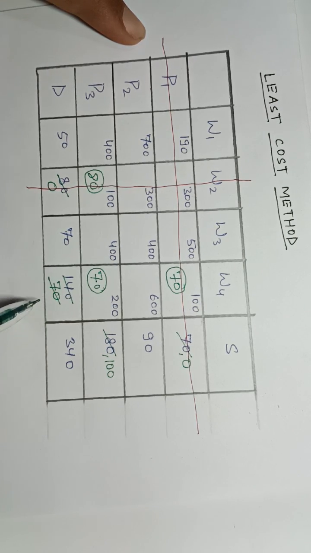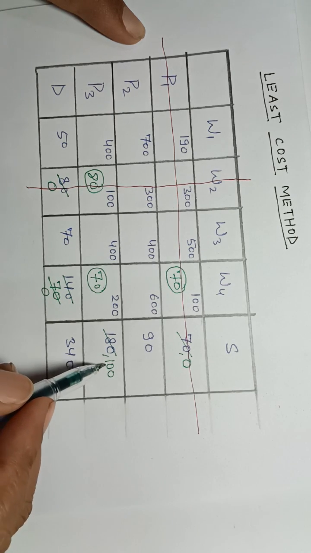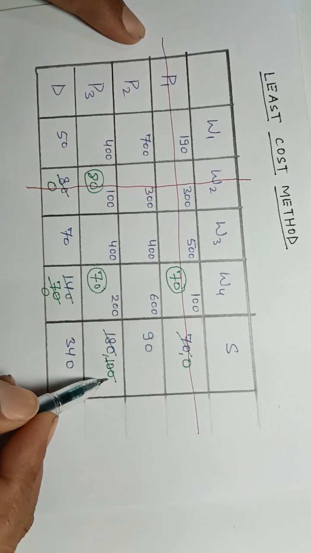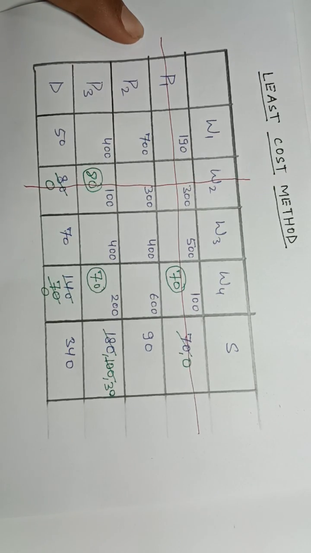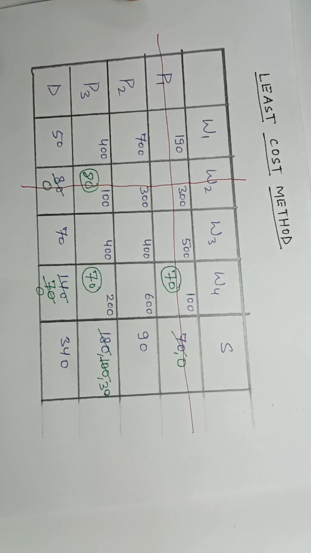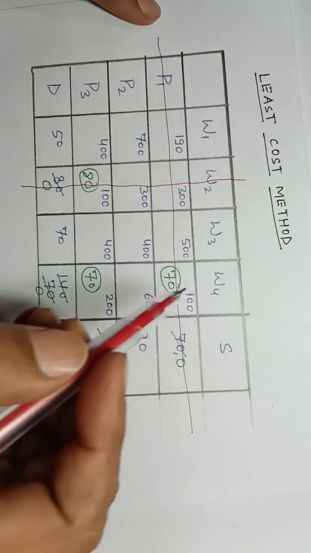Now this demand is exhausted, nothing is remaining in this column, and here 100 minus 70 we get 30 units remaining. Here the W4 column is exhausted.